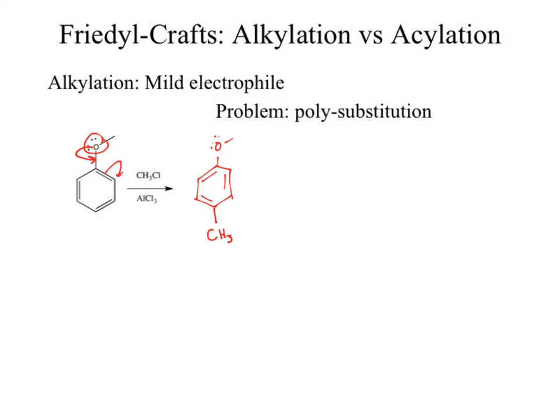So good, we've got that. But remember, we're running this reaction in a big volume. We've got lots of concentrations of these things. Compare our starting material with our product. Which of those is more activated? Our product is right.